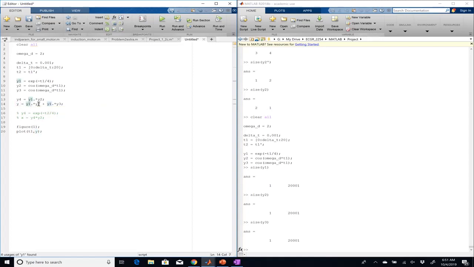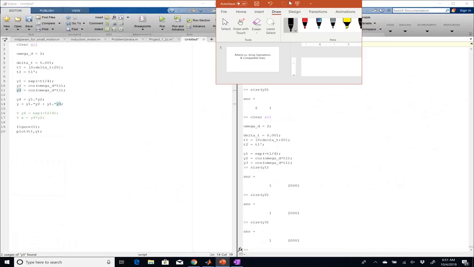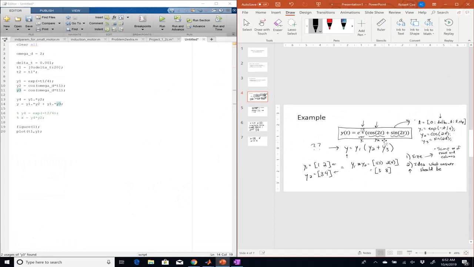Y equals y1 dot star y2 plus y1 dot star y3. That's the way that I do this operation here. I have to do it with the dot star, and that will work. I'll get the result that I sort of expected to have.